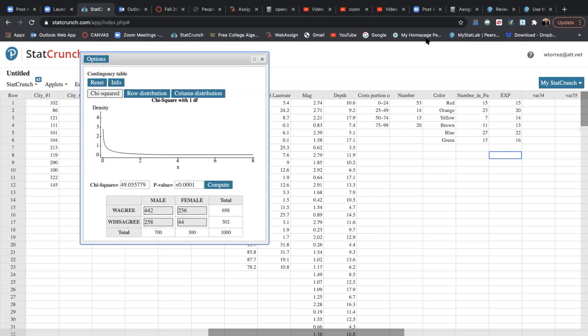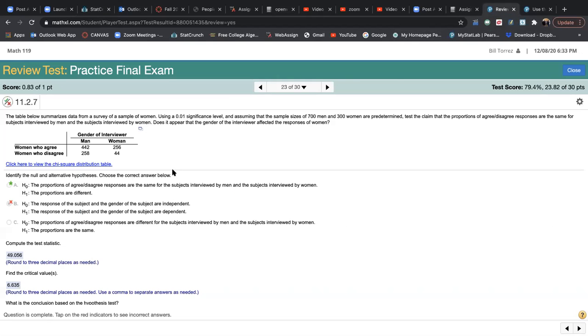So let's take that back to our problem here. All right. And let's go ahead and choose the correct hypotheses here. Student selected B. It's not a test for independence. It's a test for homogeneity where the proportions of agree-disagree are the same for the subjects interviewed by men and the subjects interviewed by women.